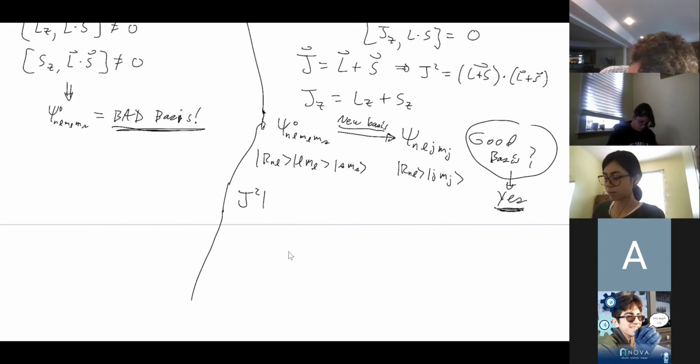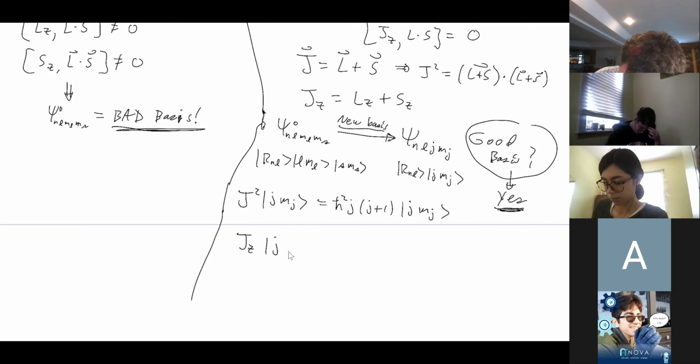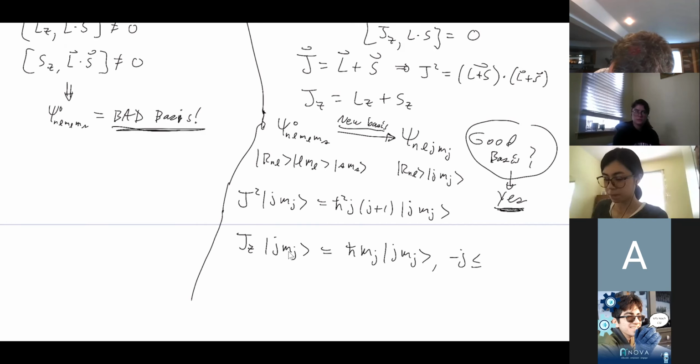J squared acting on J M sub J is equal to H bar squared J times J plus 1, and you guys knew that. And JZ acting on J M sub J is equal to H bar M sub J times J M sub J, where M sub J is between plus and minus J.